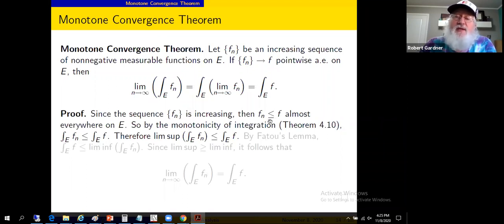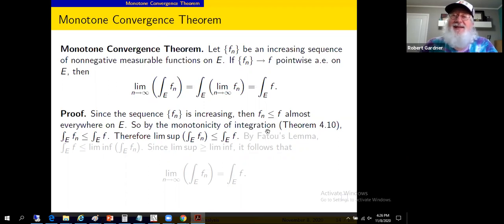That is, f sub n is less than or equal to f throughout set E, well, okay, almost everywhere, because we had the almost everywhere pointwise convergence. But I'm going to be really disinterested in sets of measure 0 throughout this integration stuff. But we get f sub n less than or equal to f almost everywhere, so that's established an ordering right there.